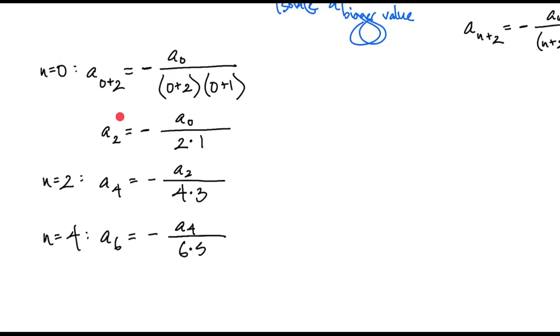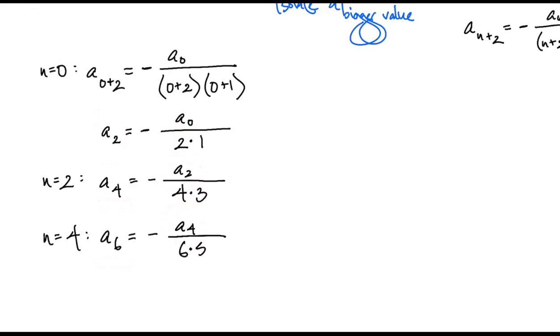So in order to find a sub 2, I need to find a sub 0. And in order to find a sub 4, I need to know a sub 2. And in order to find a sub 6, I need a sub 4. And so it almost feels like I need to know the one that came before in order to find out the one that comes next.